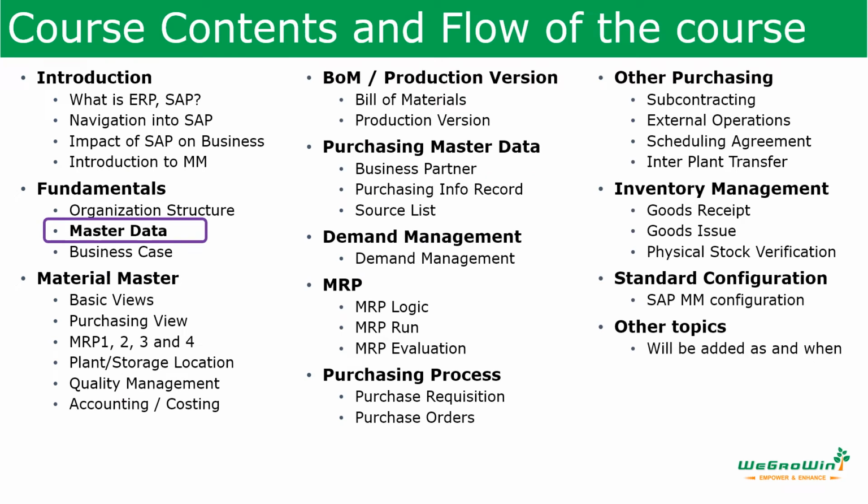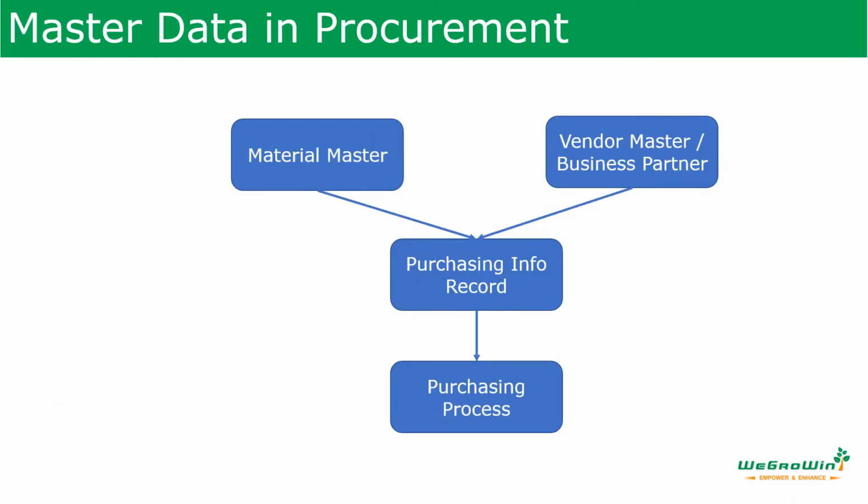We will discuss the different master data required to make transactions and also processes in procure to pay process or in materials management. The material master and vendor master, that is business partner, are the most important master data in the procurement process.